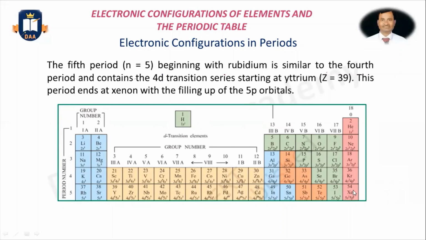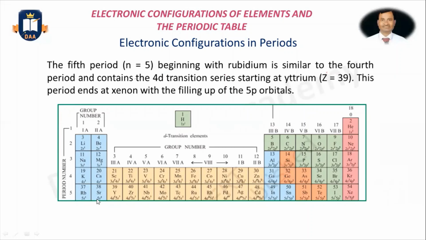That means here also 1 orbital for the s, 3 p orbitals, and 5 d orbitals. That means total 9 orbitals are present in the elements belonging to this period number 5. So total 18 elements are present here, like the 4th period.